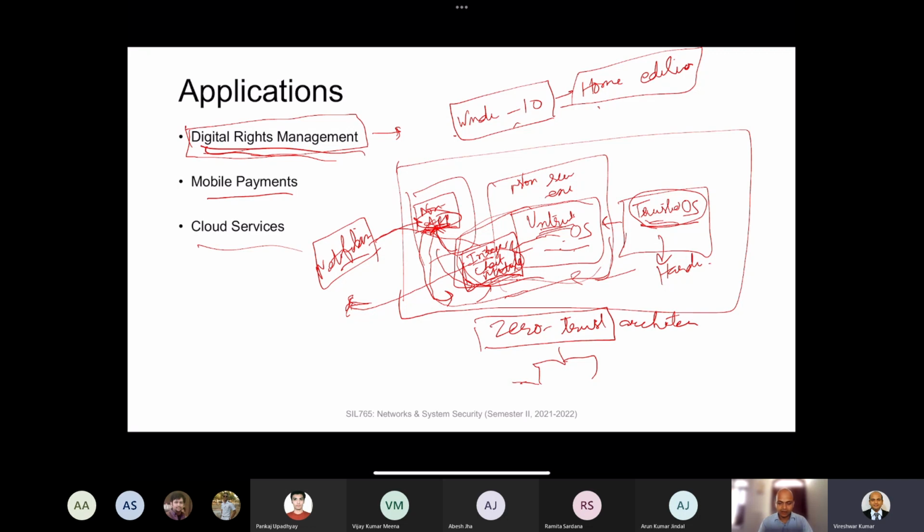And of course, this idea of two-factor authentication has just been accepted by the public now. Hopefully, soon this idea of trusted execution will also be.